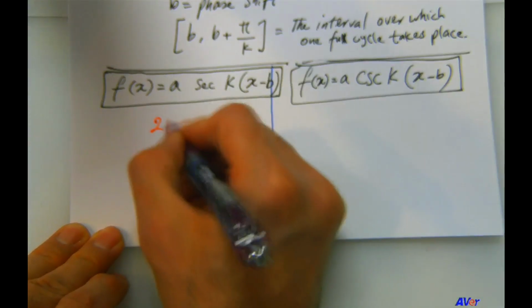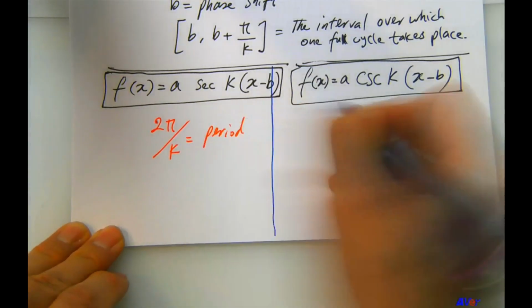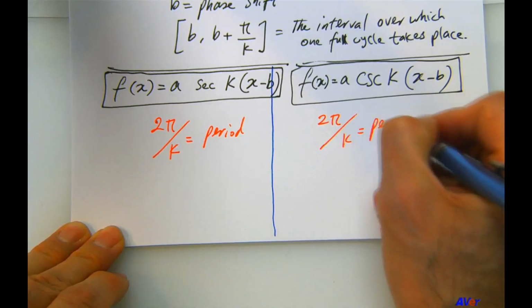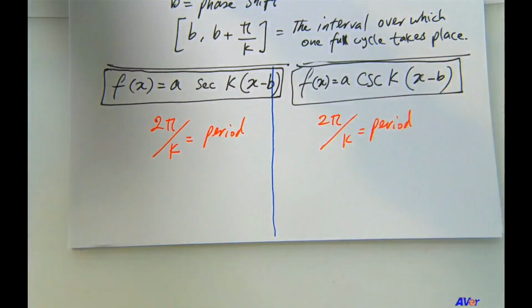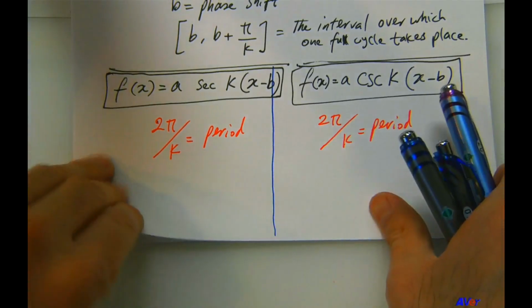So 2 pi over k is the period here, and also 2 pi over k is the period here. All of this, of course, is important when we graph these functions. Okay, so this was just a quick recap of sections 5.3 and 5.4.